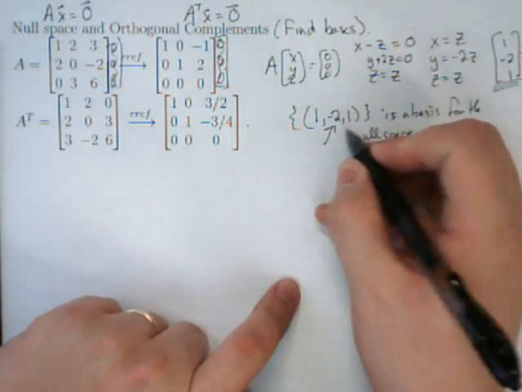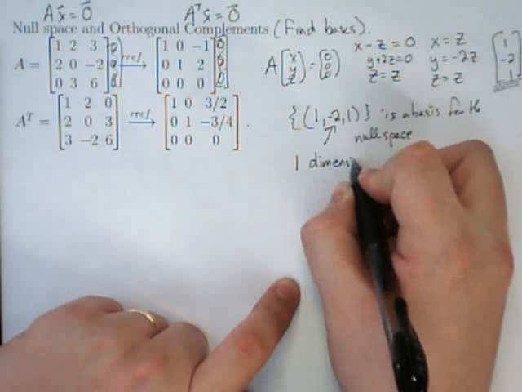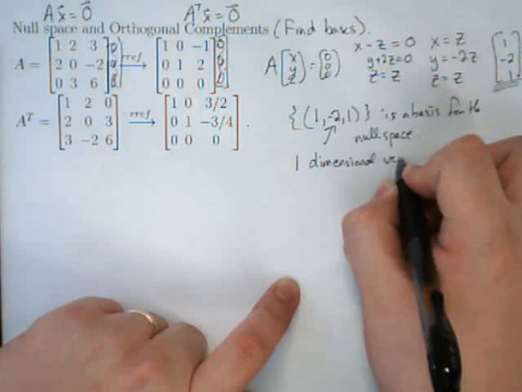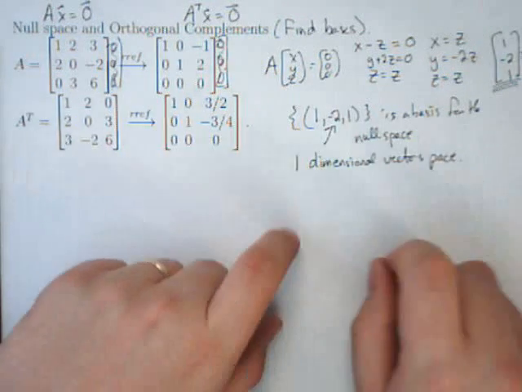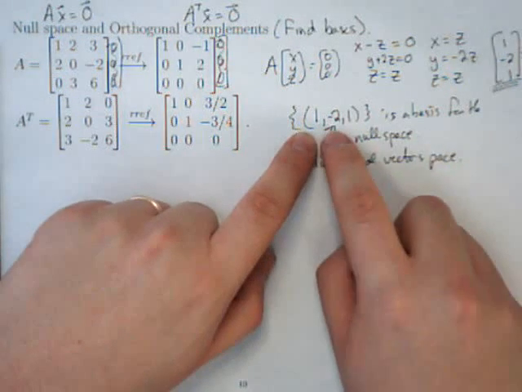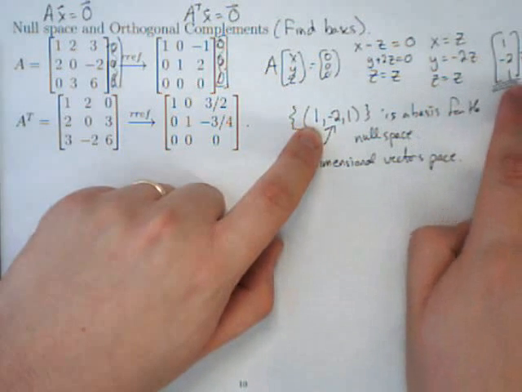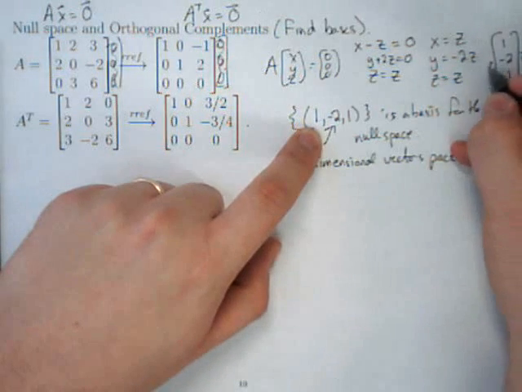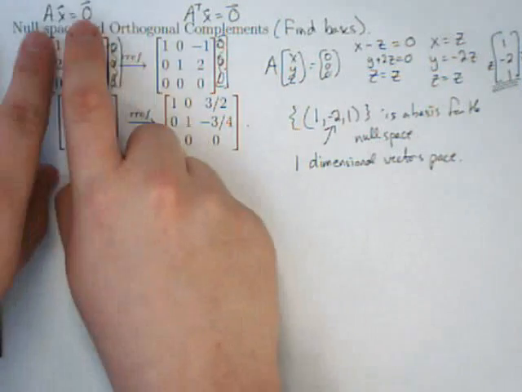Since there's only one, this is a one-dimensional vector space, precisely because there's only one vector in a basis for that space. All other solutions are linear combinations of this vector.